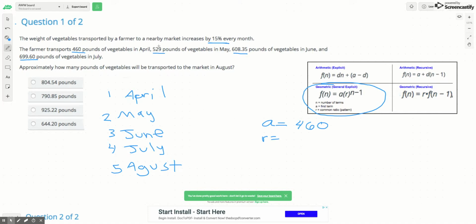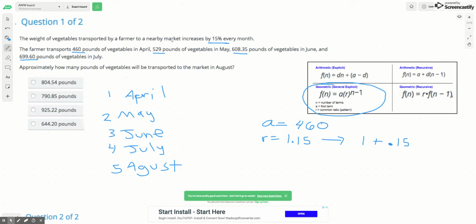R is the common ratio. Like before, this is going to be 1.15. That is because we have 1 plus 15% as a decimal. 15% is 0.15. Now again, how do you know if you're going to add 1 or subtract 1?